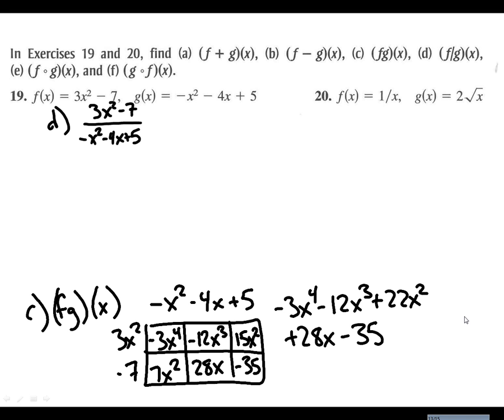That is not going to reduce at all. And we are going to have to factor the denominator here to find out what our x's can't be. So we have negative x squared minus 4x plus 5 cannot equal 0 because they're in the denominator. I'm going to pull that negative out.